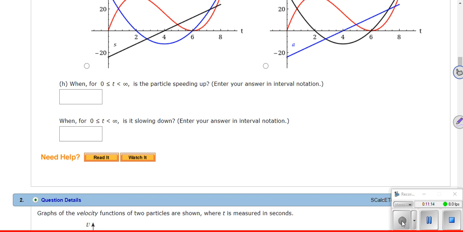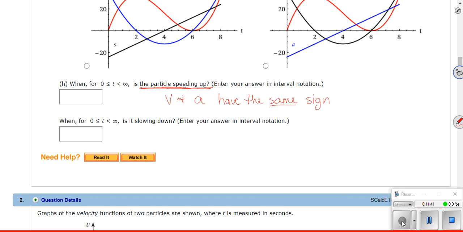We know when it's speeding up that v and a, the velocity and the acceleration, have the same sign. So when the particle is speeding up, velocity and acceleration have the same sign.